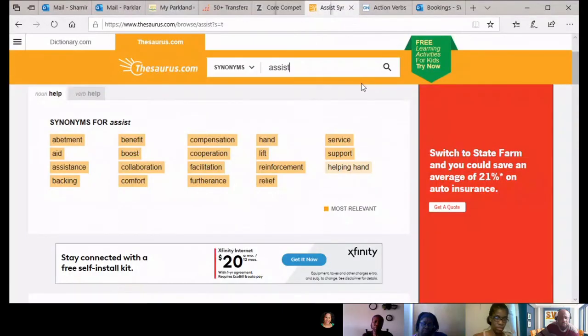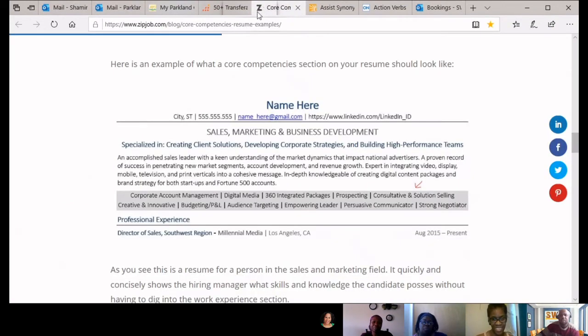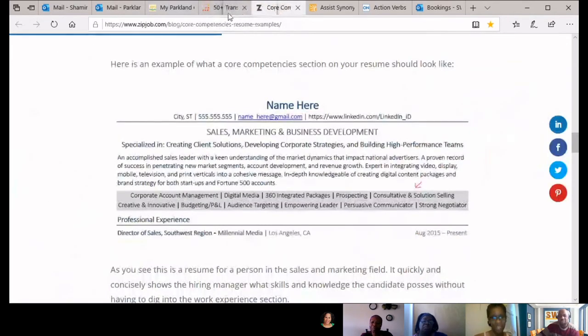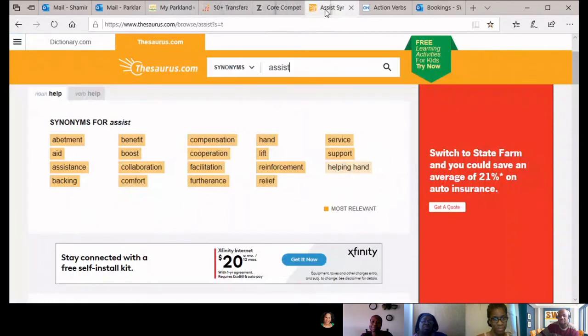Give me a moment. Can you see it now? I can see it, yeah. Okay. Did that happen earlier when I was referencing core competencies? That may have been the same case. I'm sorry about that.